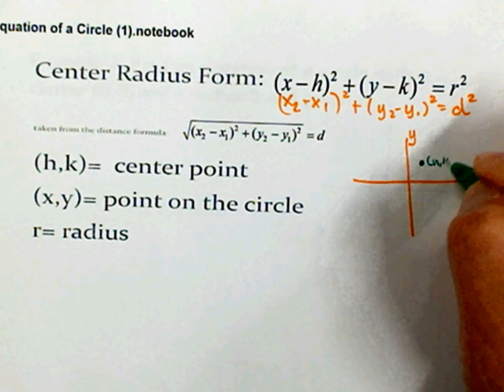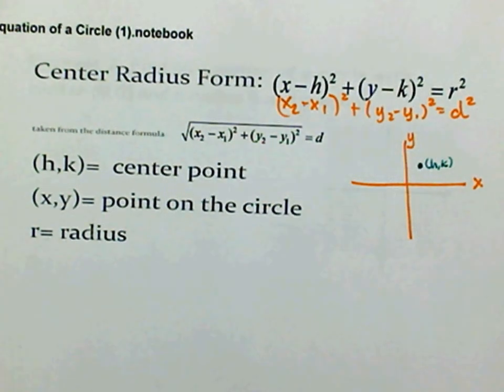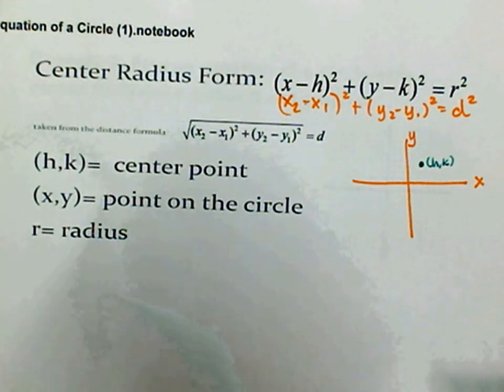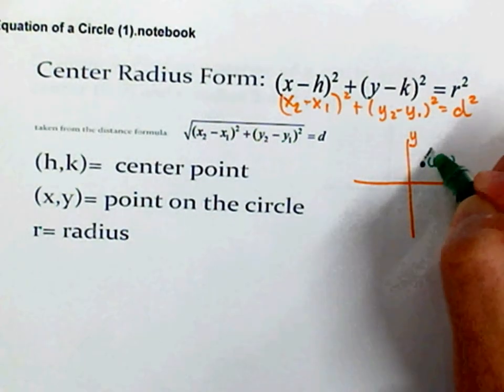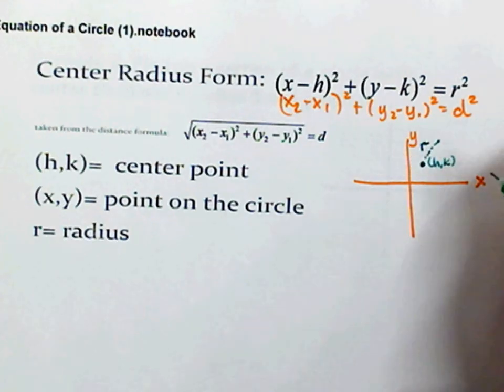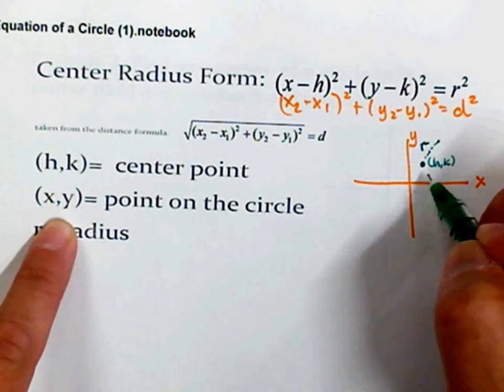Just kind of like it was the vertex of a parabola. The distance going out from the center is your radius. Okay, that's your radius. So your h and your k is the center, because that is also the same as x and y.